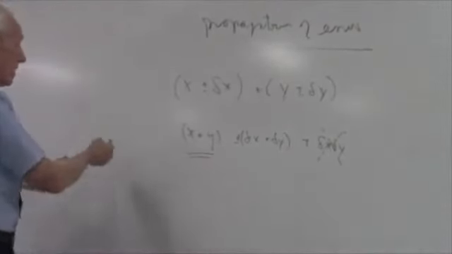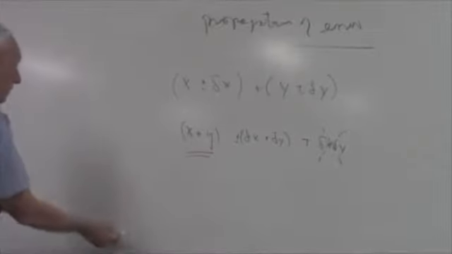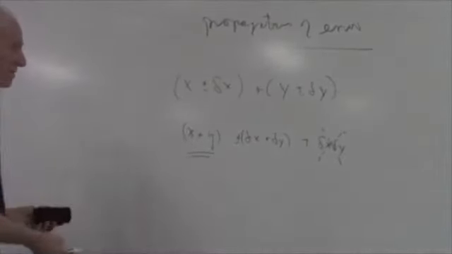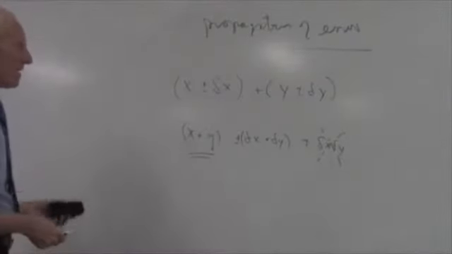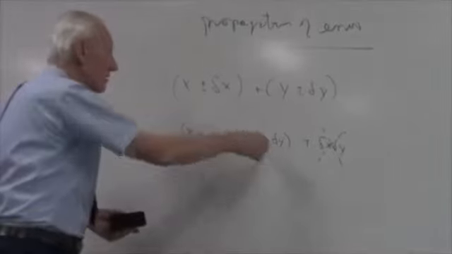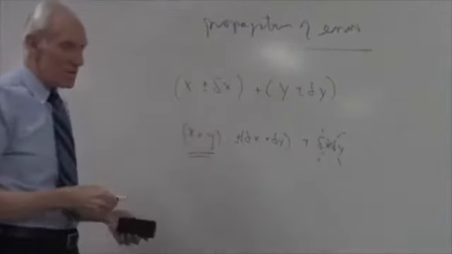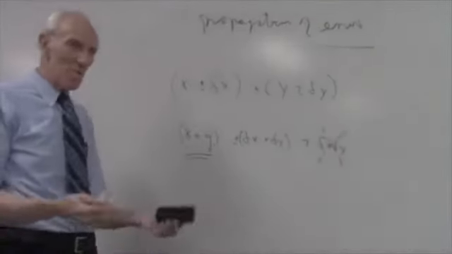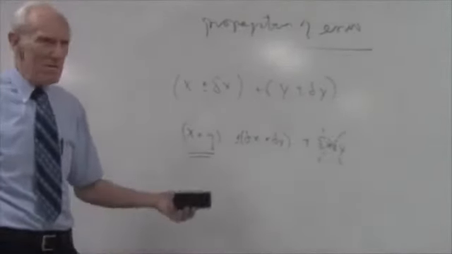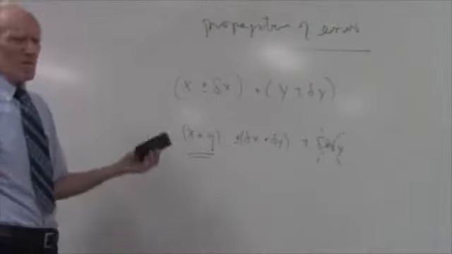If you're adding apples to apples, you get apples: 7 apples plus or minus 3 apples is 4 apples, whatever. These are called absolute errors because they are in the same units as these numbers. Of course, you have to add the same things or subtract the same things, because it doesn't make sense to add or subtract different things.